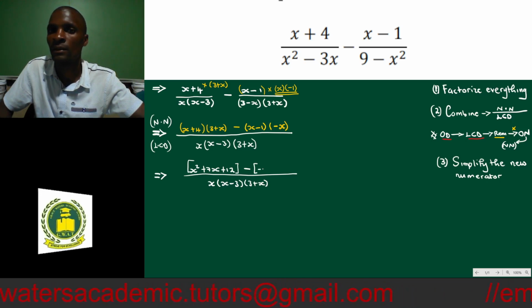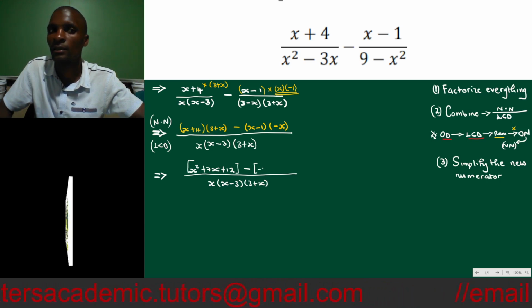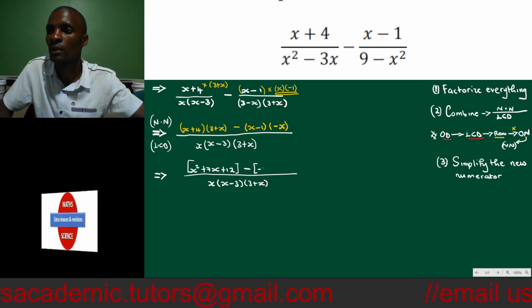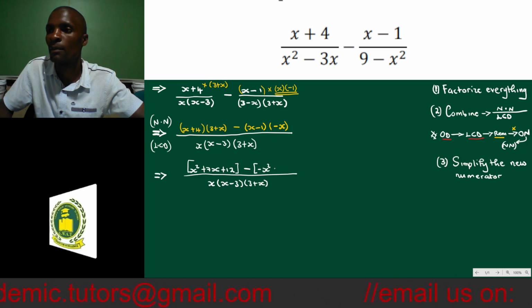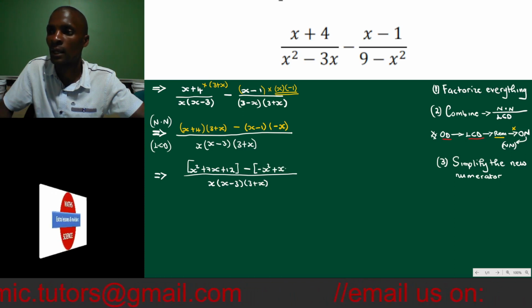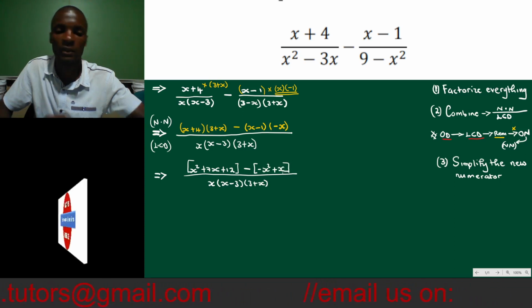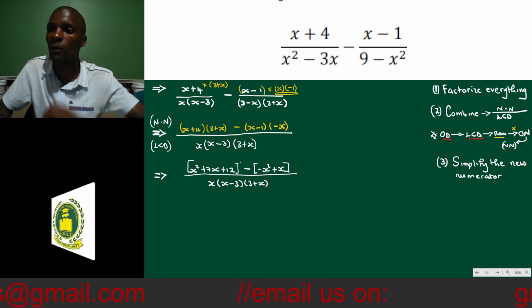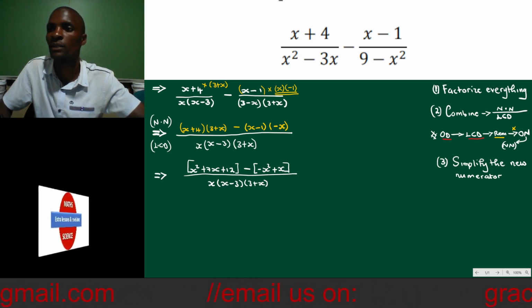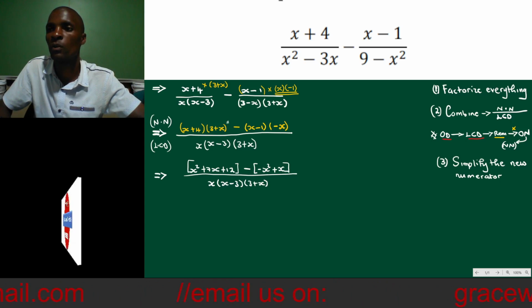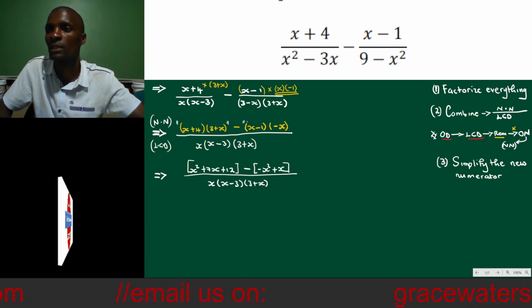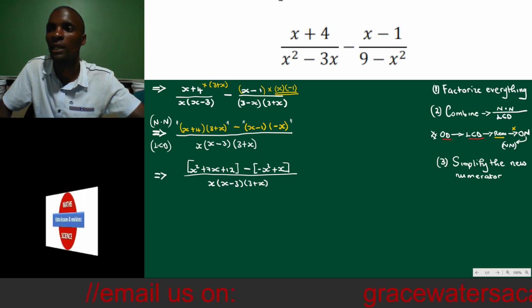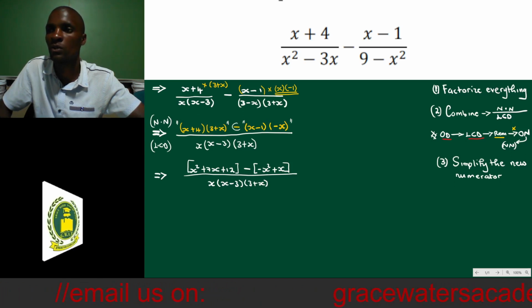We get negative x squared, and then plus x, and then we close it. The reason why I put these two brackets is to show you that this is the new numerator which is not simplified for the left segment, and this is also for the right segment. I didn't want you to confuse the use of this sign.